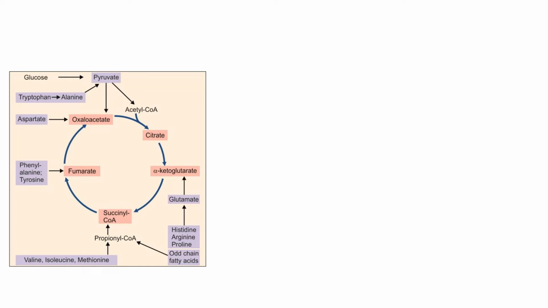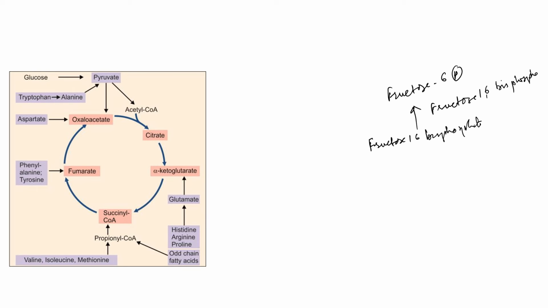The next irreversible step is the conversion of fructose 1,6-bisphosphate to fructose 6-phosphate, and this is done by the fructose 1,6-bisphosphatase enzyme.